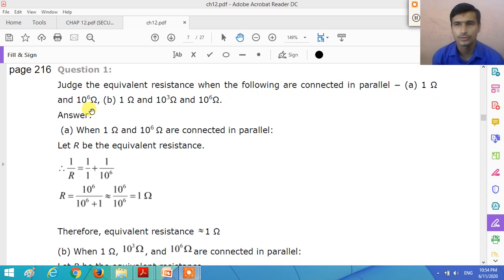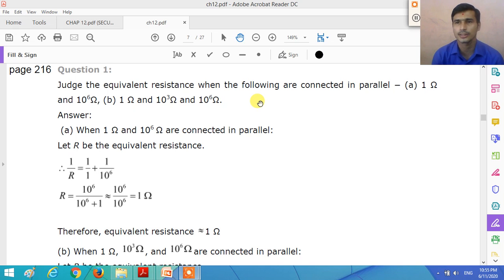So dear students, here we have to find the equivalent resistance when the 1 ohm resistor and 10 raised to 6 ohm resistor are connected in parallel. And second, 1 ohm, 10 raised to 3 ohm and 10 raised to 6 ohm resistors connected in parallel.